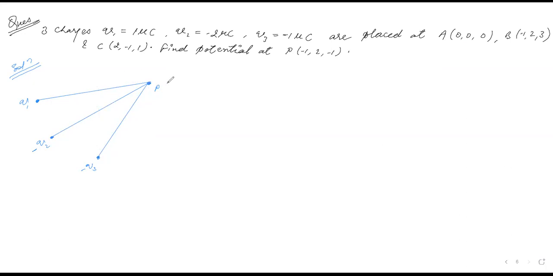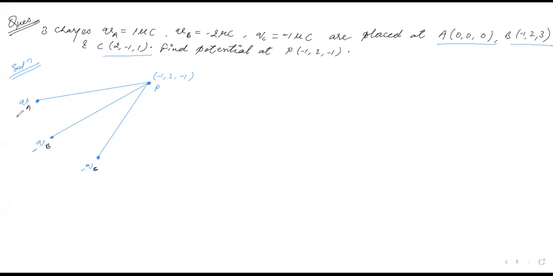Your coordinate of P is (-1, 2, -1). The coordinates of Q1 are already given here, and B is given, C is given. You can take them as QA, QB, QC.